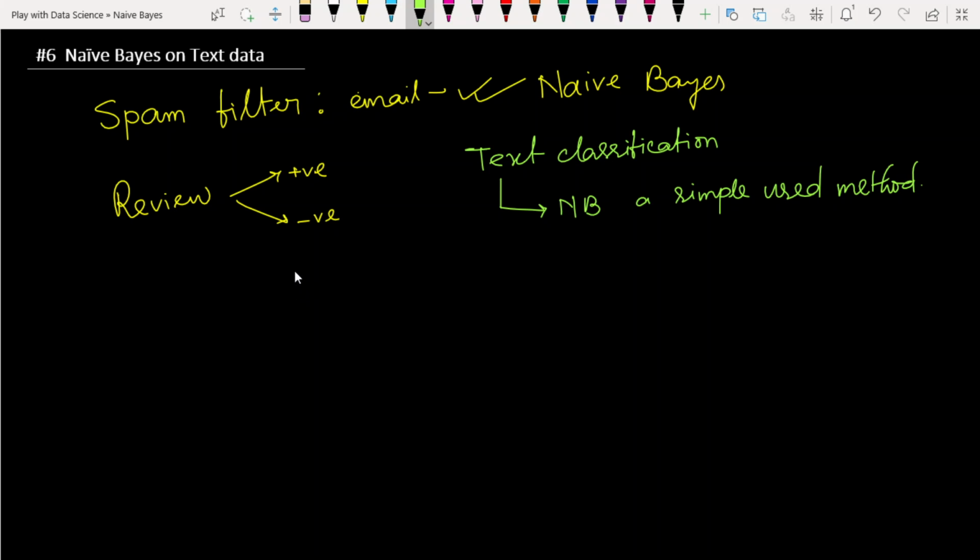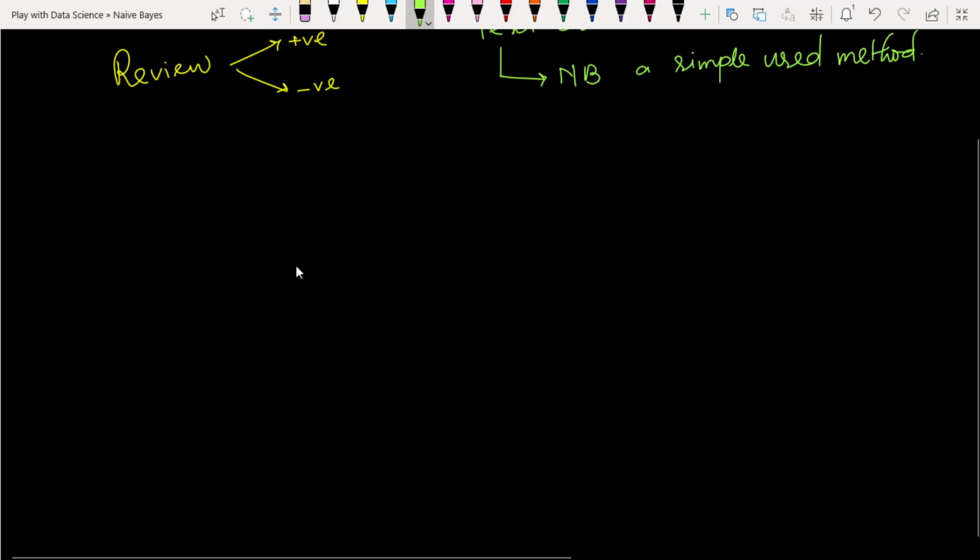Now let's see one by one. For text data, we will see how to use it for classification purposes and for regression purposes.